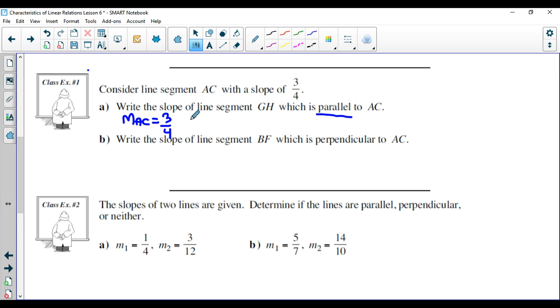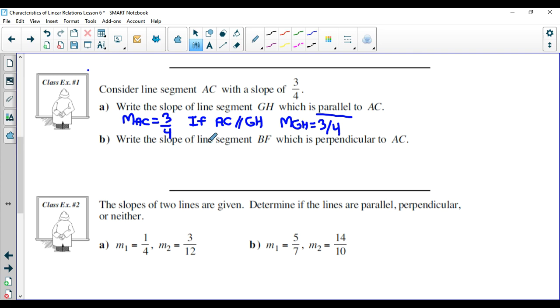If AC is parallel to GH, we can use these little lines here to mean parallel, like two lines side by side. If they're parallel to each other, then it would just be the same slope. So the slope of GH would also be equal to 3 over 4.